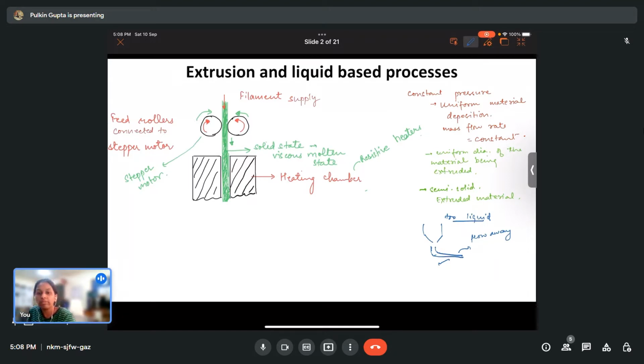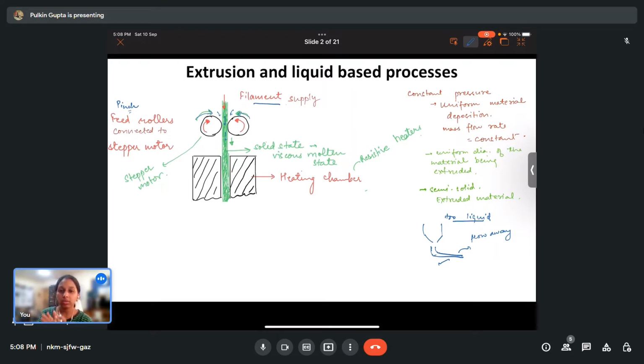On the left, this is a very basic schematic of these extrusion based processes. The green colored part is a filament going inside, and these are the pinch feed rollers. They rotate like this, and when they come to this position, they push the filament downwards towards the extruder or the nozzle. As they rotate in this direction, the filament is pushed downwards because of the resulting forces.